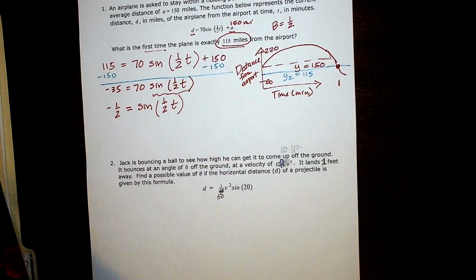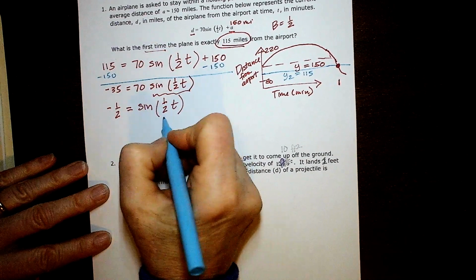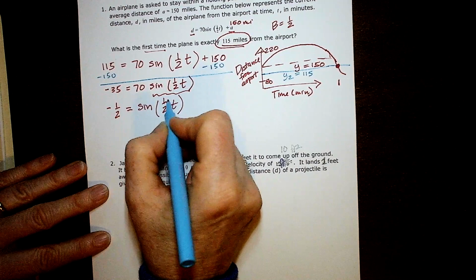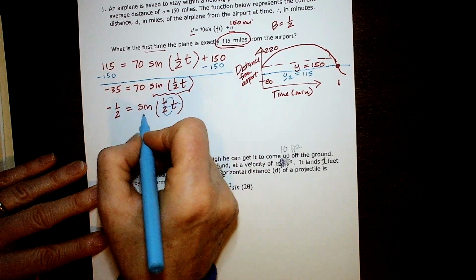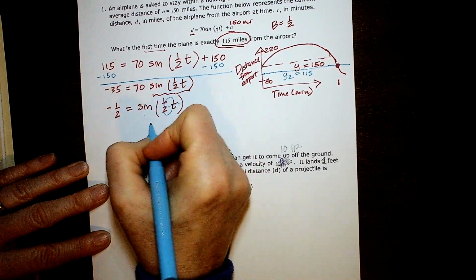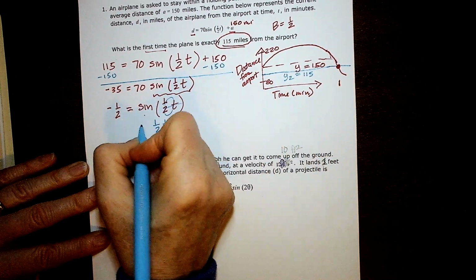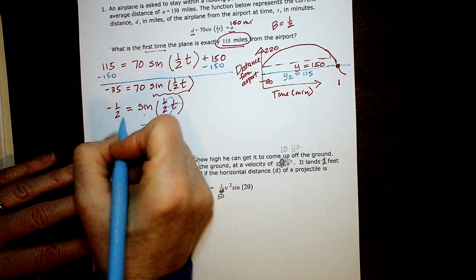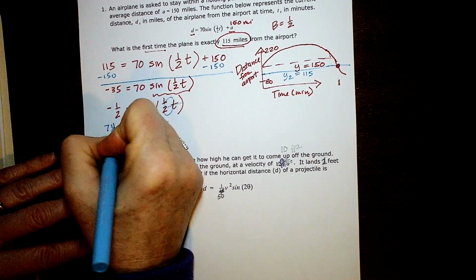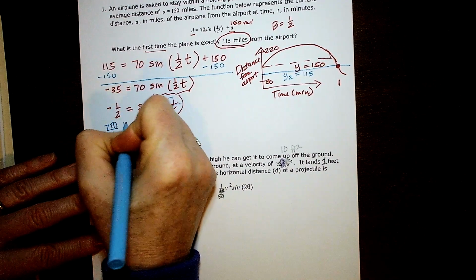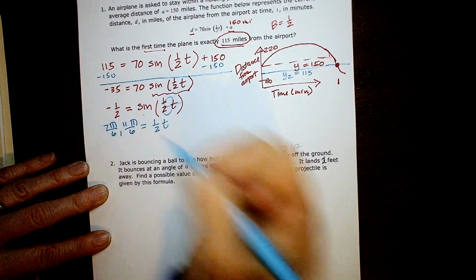We've been here many times recently. So what is the angle that has a sine of negative 1/2? Well, 1/2 theta, 1/2 t, or the angle, where is sine negative 1/2? 7 pi over 6 and 11 pi over 6.